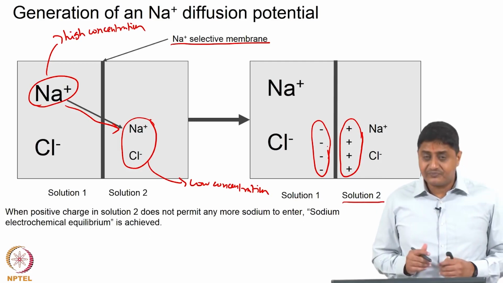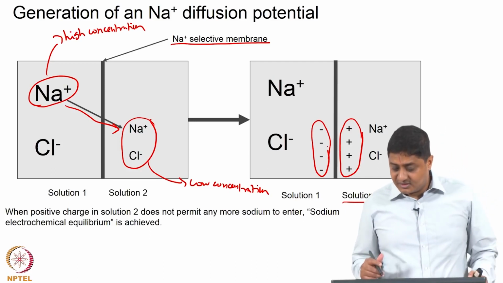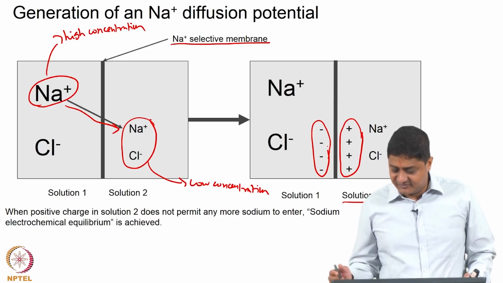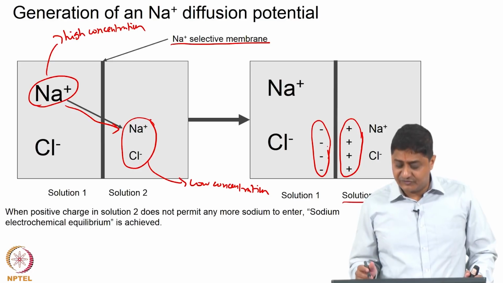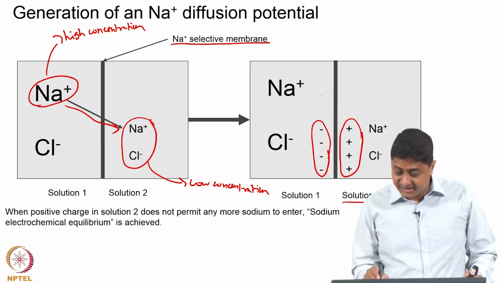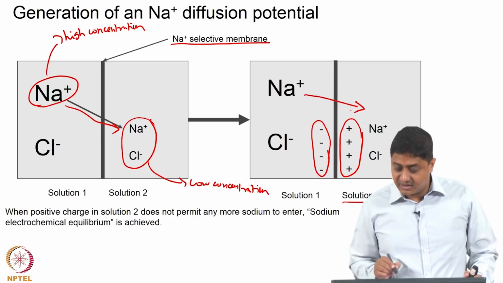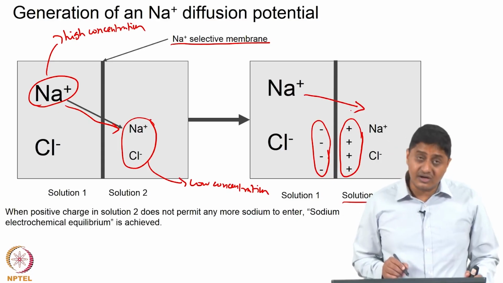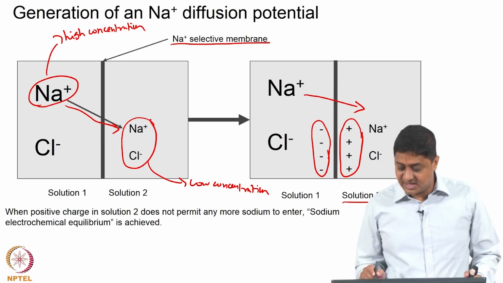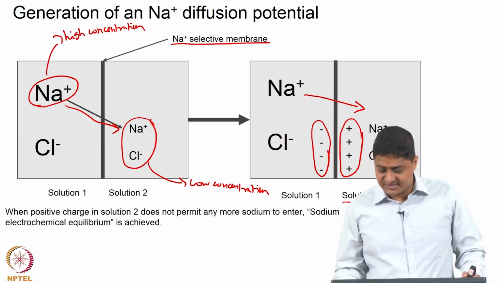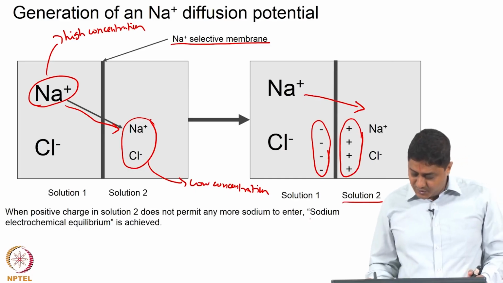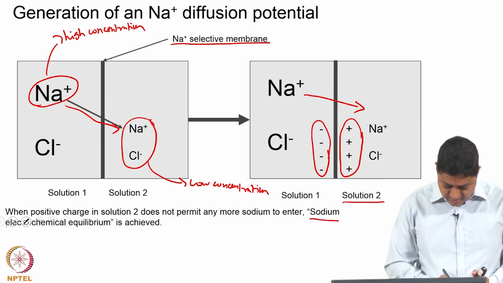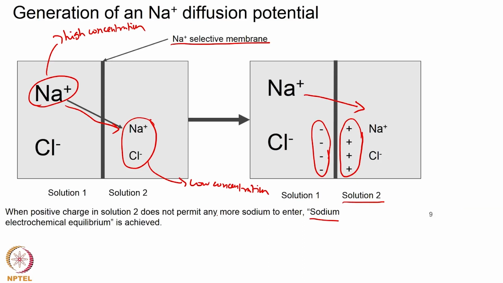At some point the amount of positivity in the right side of the chamber does not allow any more sodium to diffuse through, regardless of what the concentration gradient is. The concentration gradient might still be in this direction, but the potential difference will not allow any more transport of sodium. At this point sodium electrochemical equilibrium is achieved. The point at which that happens is the Nernst potential of sodium.